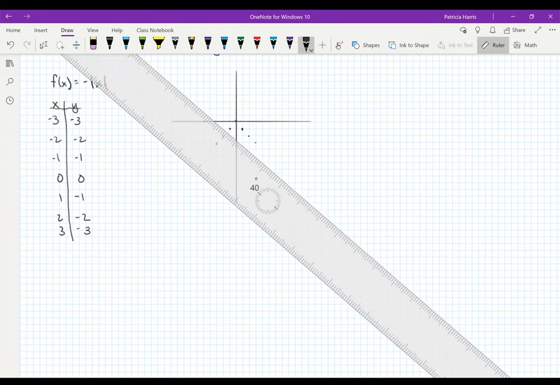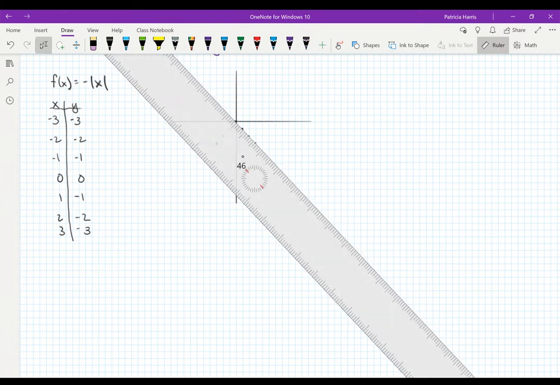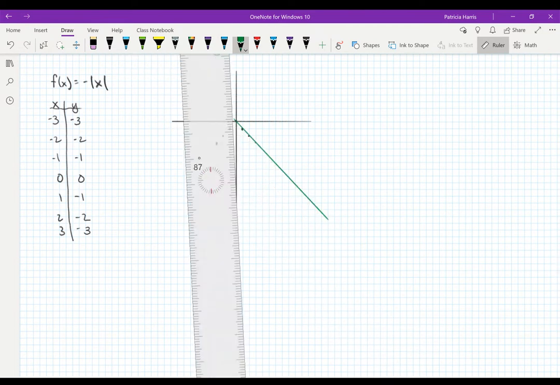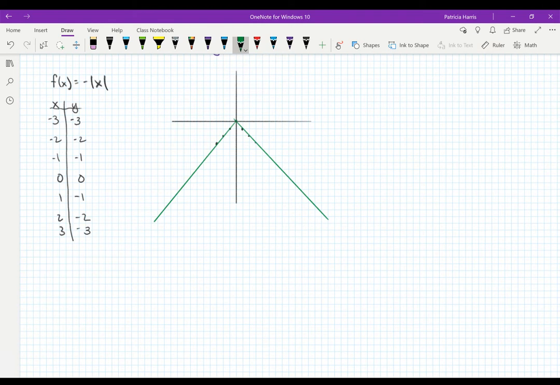And then I'm going to connect. Okay, so if I think about the graph that we just did, the actual parent graph, let's think about this graph. How did it change?